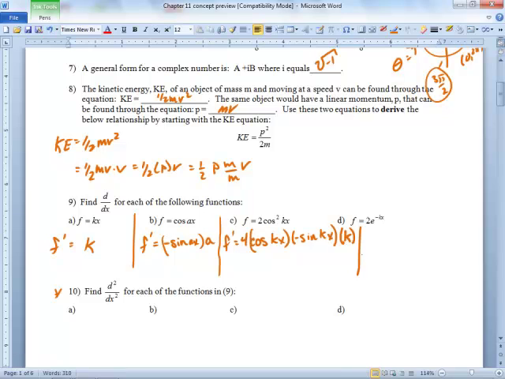So you take the derivative of 2e to the negative kx, you get 2e to the negative kx. Now that e is the outside function, you still have to worry about the negative kx. So then you have to take it times negative k. Because what's the derivative of negative kx? It's just negative k.